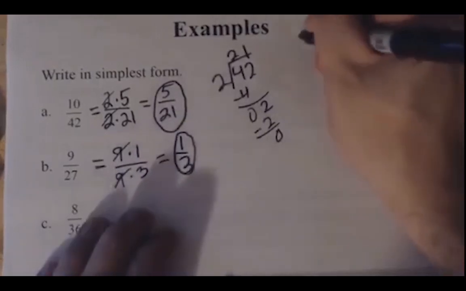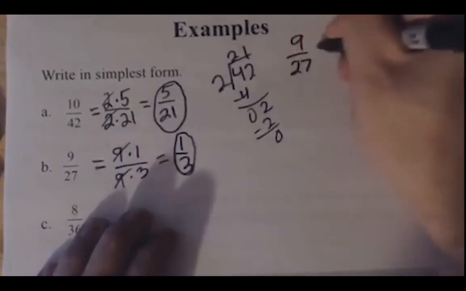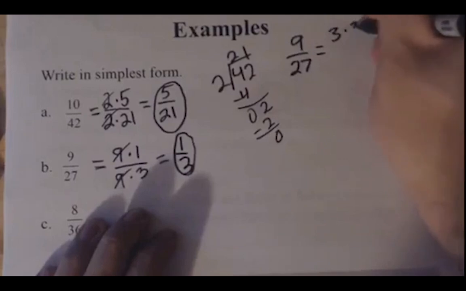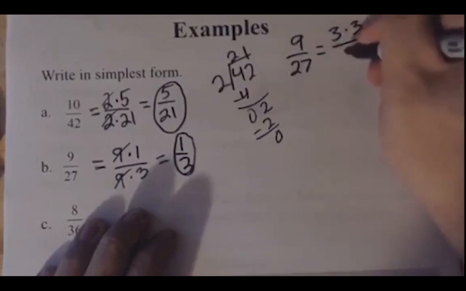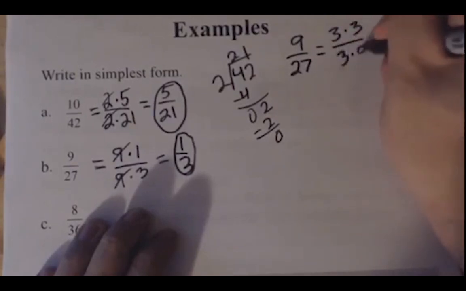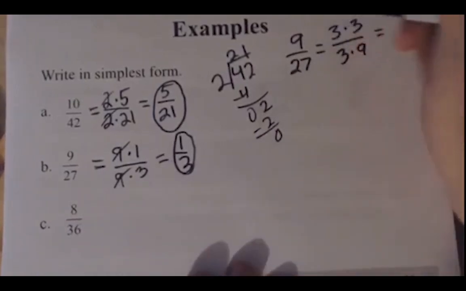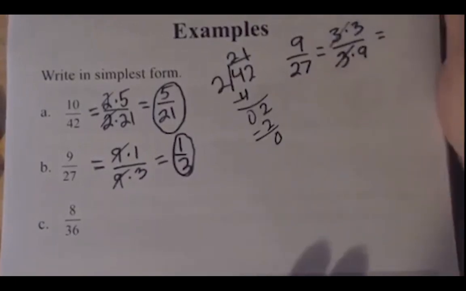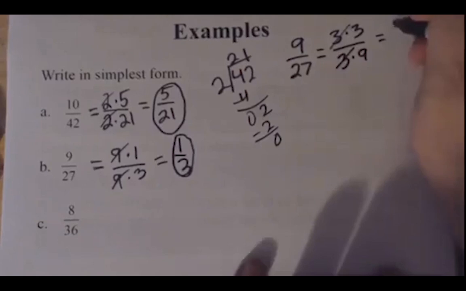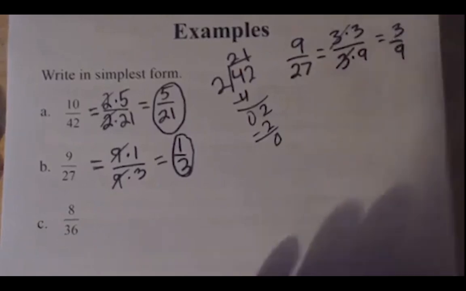I want to look at this one more time, though. 9 over 27. Let's say you did 3 times 3 is 9, and 3 times 9 is 27. Then you cancel a 3 on the top and a 3 on the bottom, and you're left with 3 over 9.